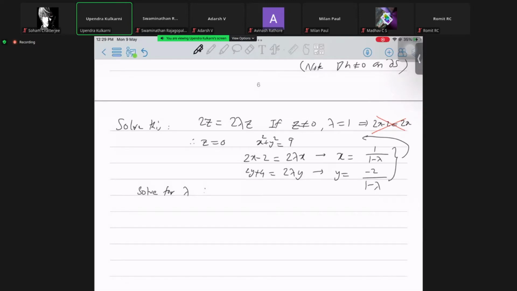So what do I get? 1 by 1 minus lambda the whole square, so 5 by 1 minus lambda the whole square equals 9, etc. So we get two values of lambda, and the corresponding values of x, y, z, etc.